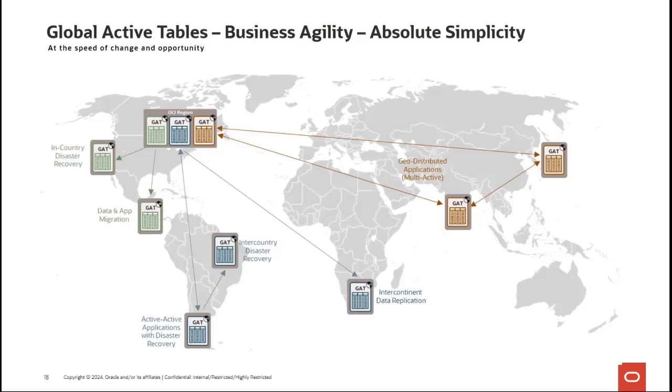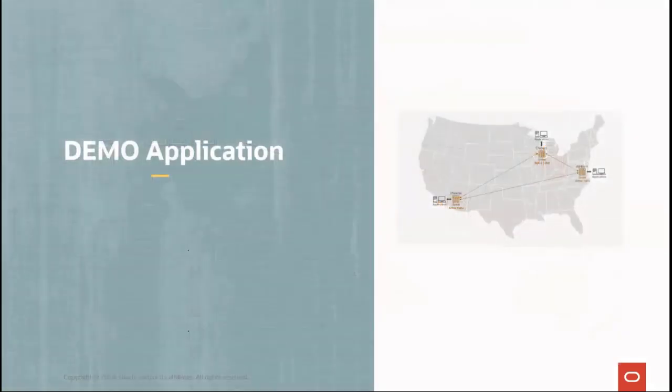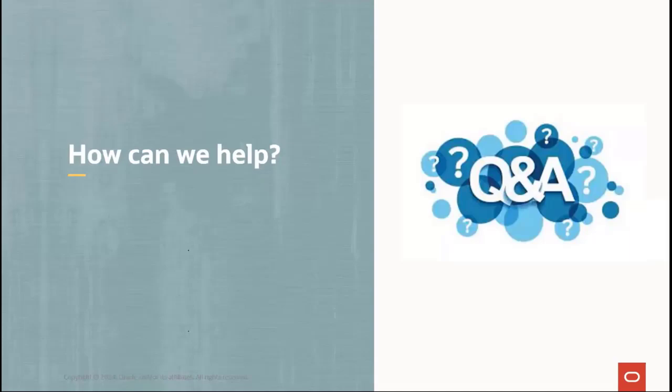We can use them in different manners, whether it be a disaster recovery manner or a geo-distributed applications manner. There's a lot of different things that you can do with global active tables. All right, let's move over to the next, which will be part 2 of the demos that Dario is doing.